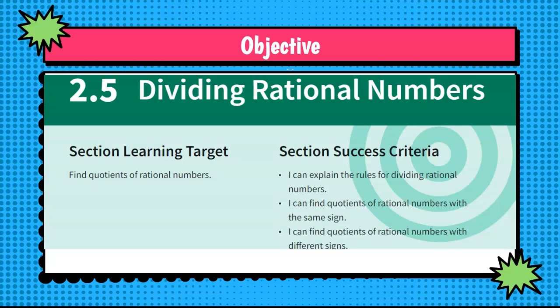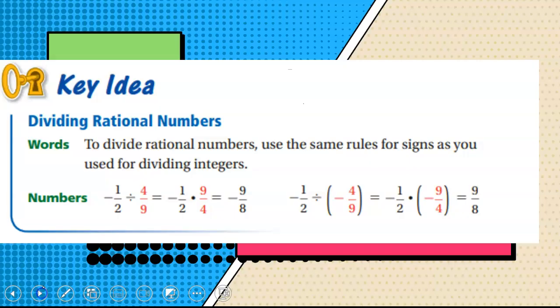So when we divide two rational numbers, the answer that we get is going to be that quotient. We're going to be able to explain the rules for dividing rational numbers and to use the rules that we know to find the quotients of rational numbers with same signs and also those with different signs.